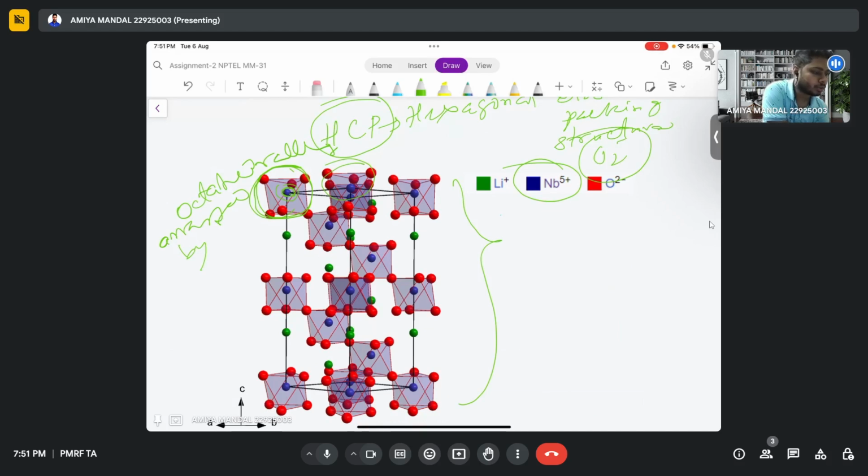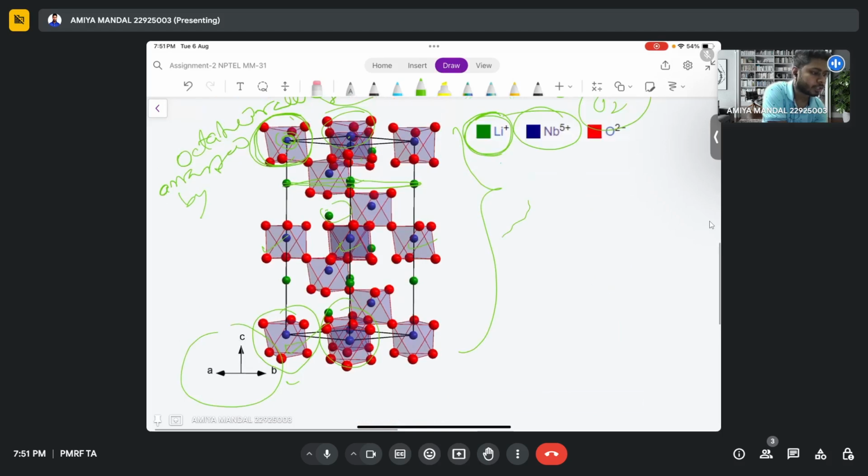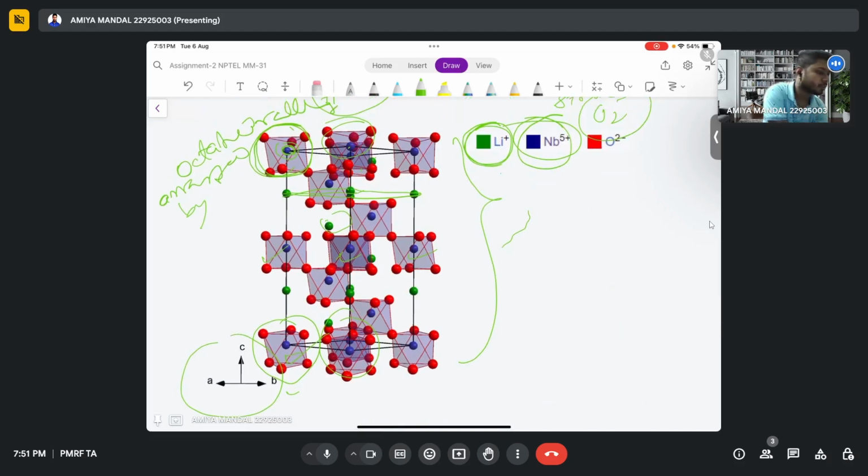And if you can add them, you can find that lithium is also octahedrally arranged. This is the figure where you can see the ABC layers. This is octahedrally arranged with oxygen, and this is also octahedrally arranged.